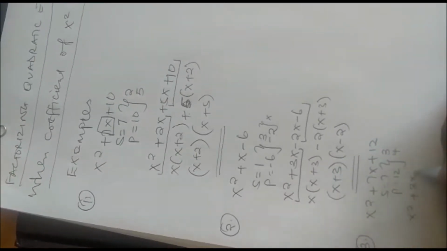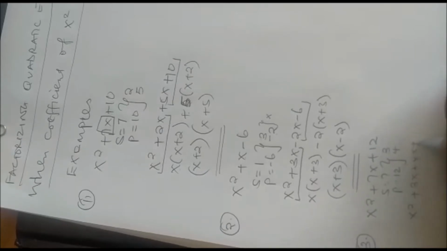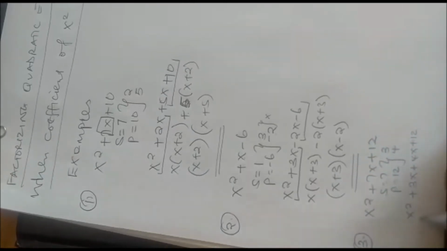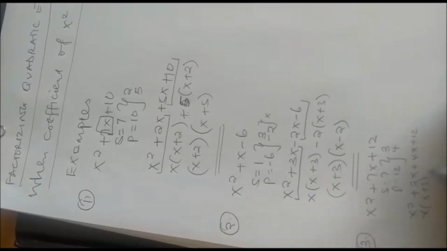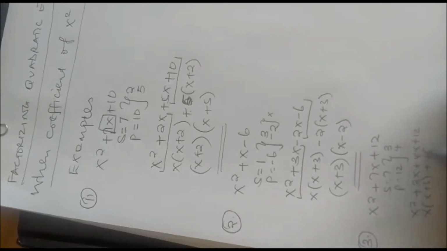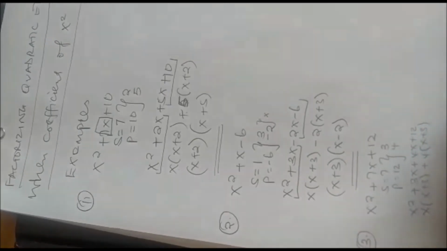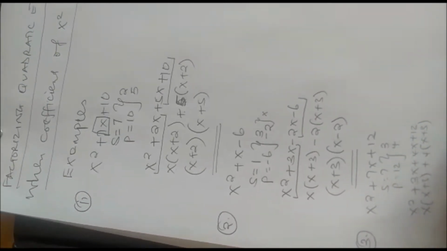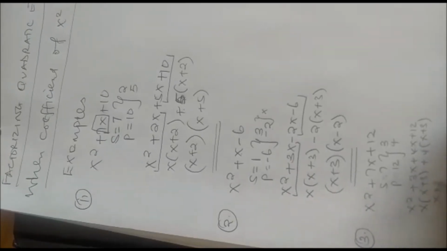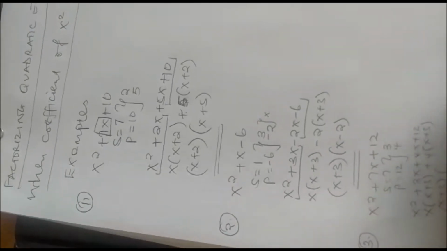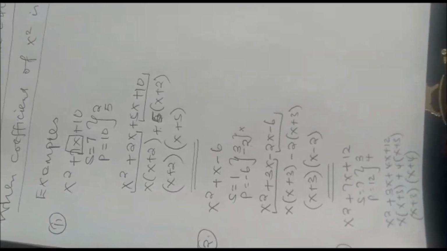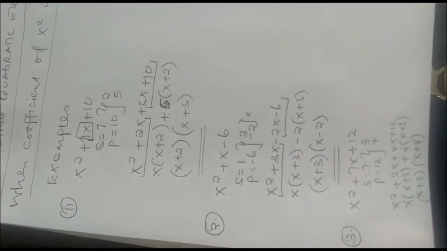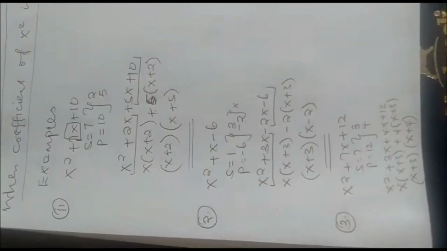This therefore becomes 3x, this becomes 4x, plus 12. So we shall have x into x plus 3 plus 4 into x plus 3. So the factors therefore become x plus 3 times x plus 4. So this is how we factorize quadratic expressions.